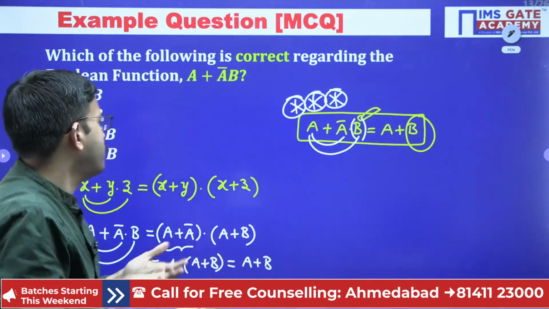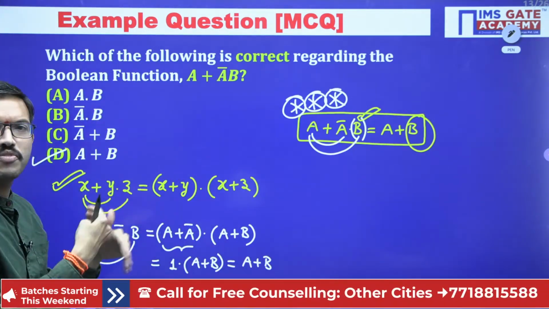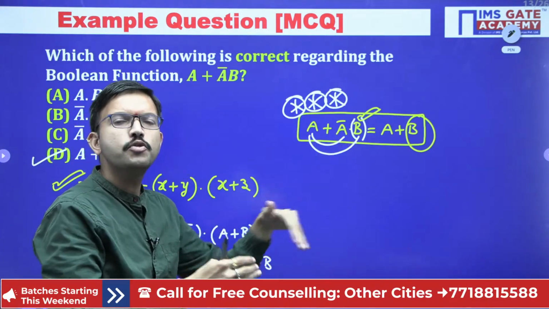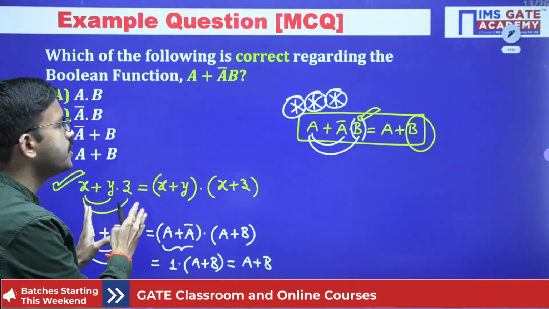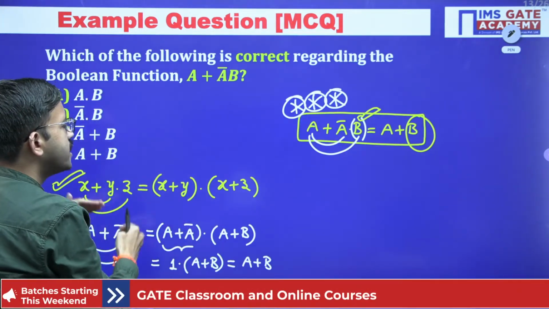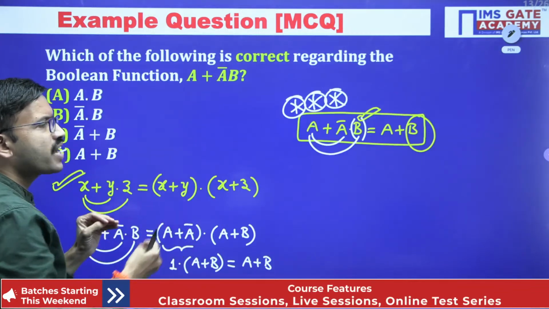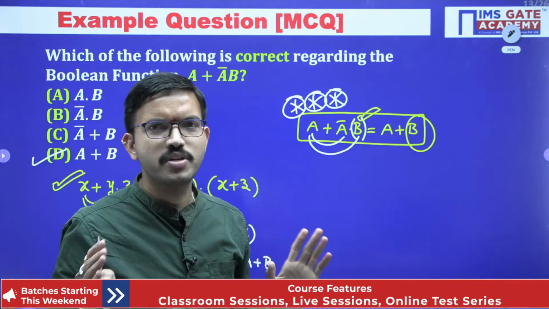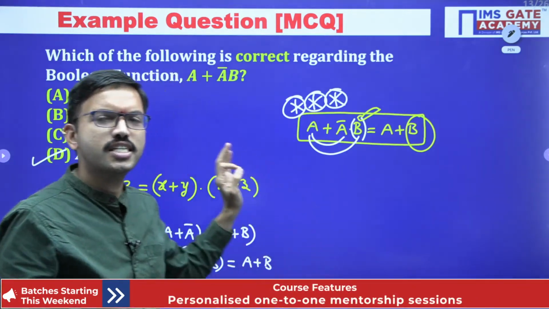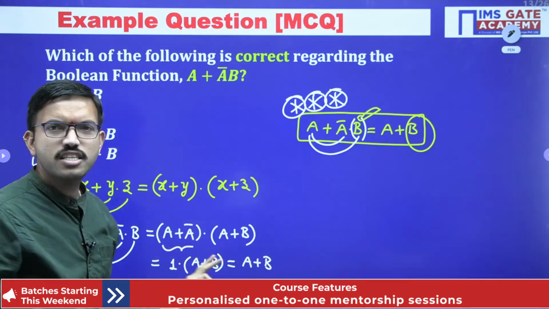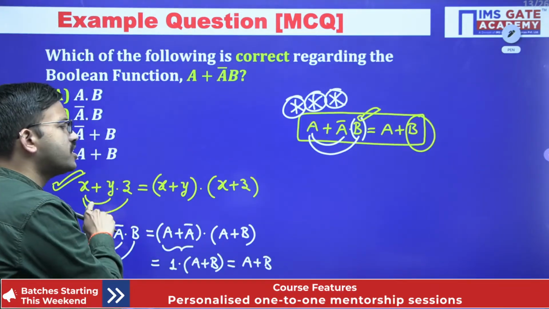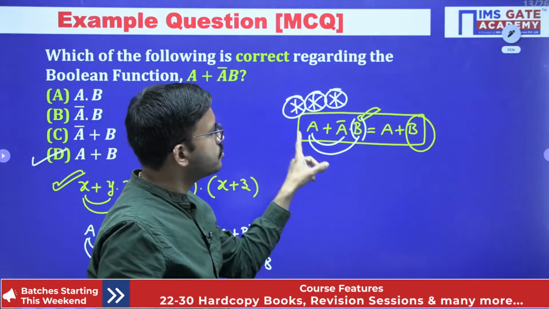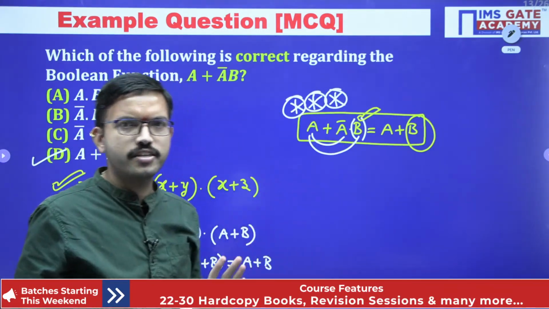Only with distributive law you may feel that this is the first time you are getting the idea of how to apply it to solve questions. No issue at all. Just continue our classes, you will get familiarity with when to apply distributive law LHS to RHS or RHS to LHS, right?